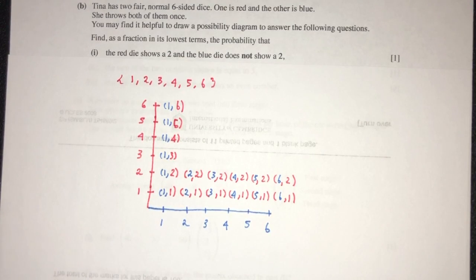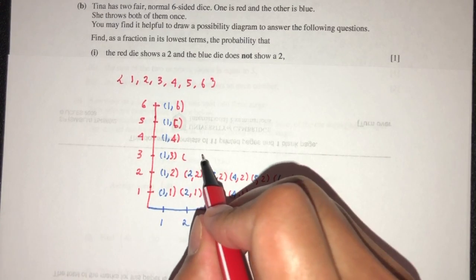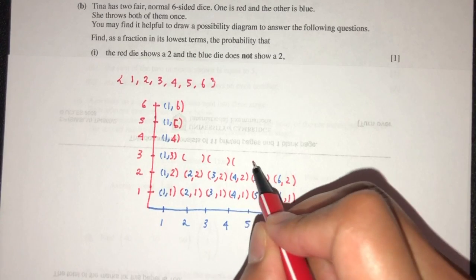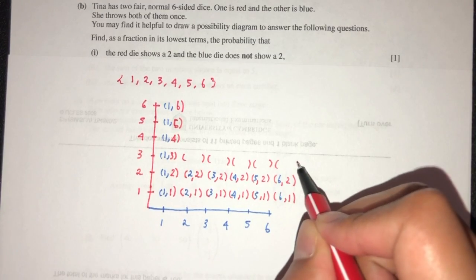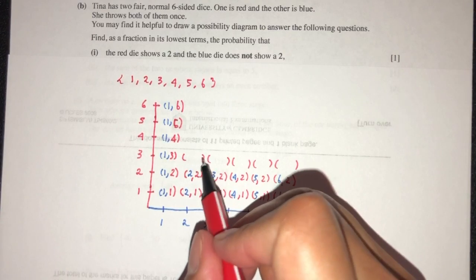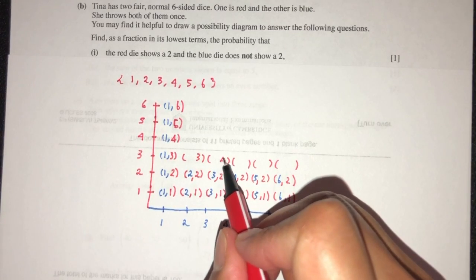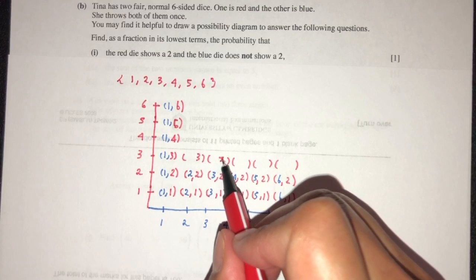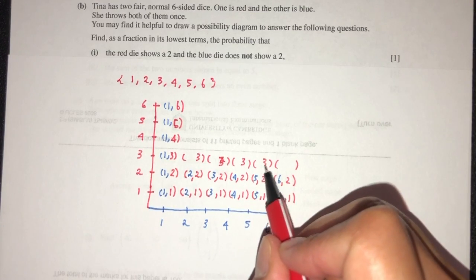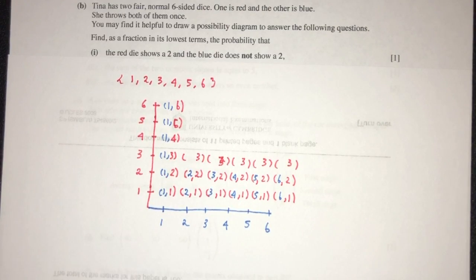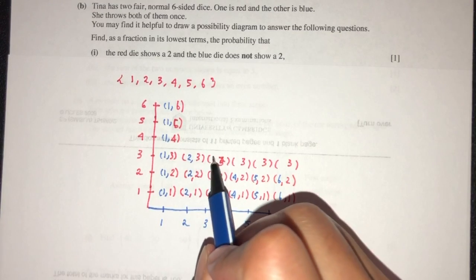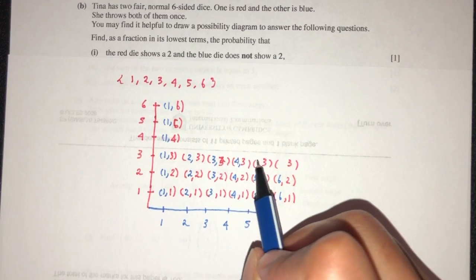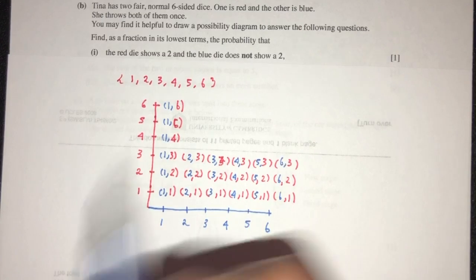Let's continue. That will be 3 here, and that will be 2, 3, 4, 5, 6.